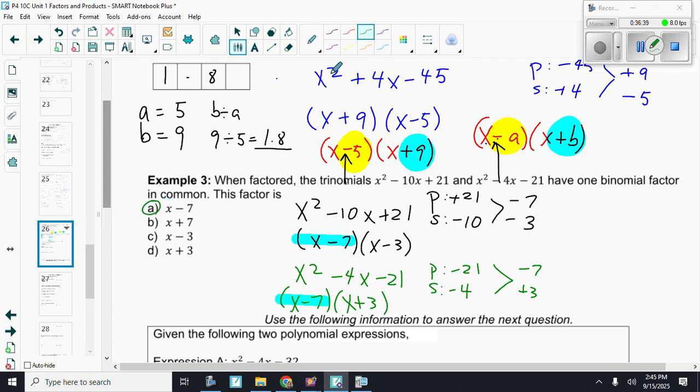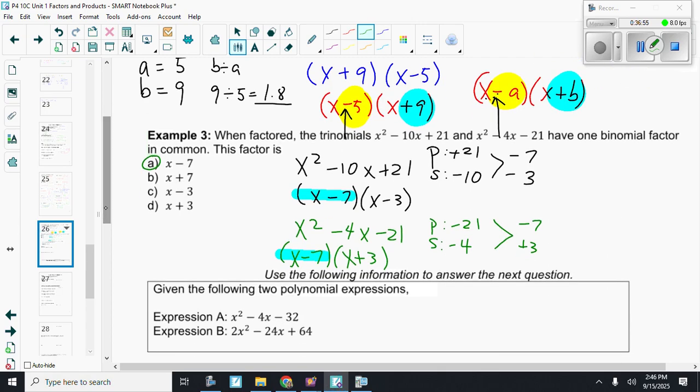Okay, do you see how, in one question, they just get you to factor two things and then see what you have in common? They don't need you to do anything else with the other factors. They just wanted to know which ones were common. And of course, they have lots of distractors in there. They give you everything you could possibly have, and even one you didn't have but might get if you flipped your signs.